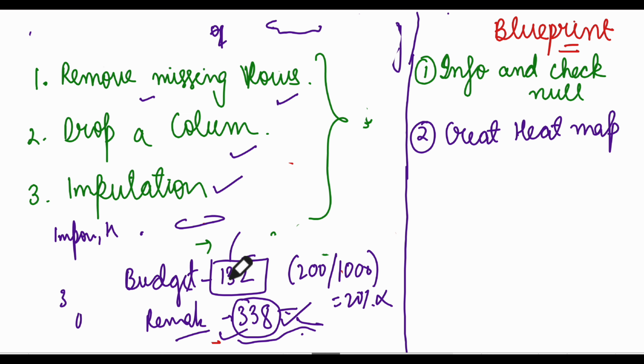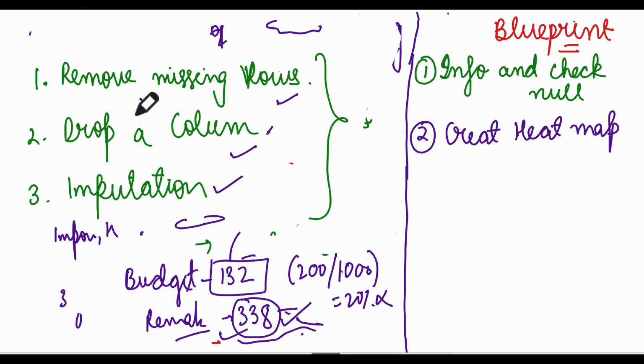It will not make sense. For budget, removing rows might make some sense, but removing the column will not. Imputation will make sense. So for each column, at least one or two of these three will make sense, and as an analyst, it is your decision which step to take: drop a column, impute something, or remove something.